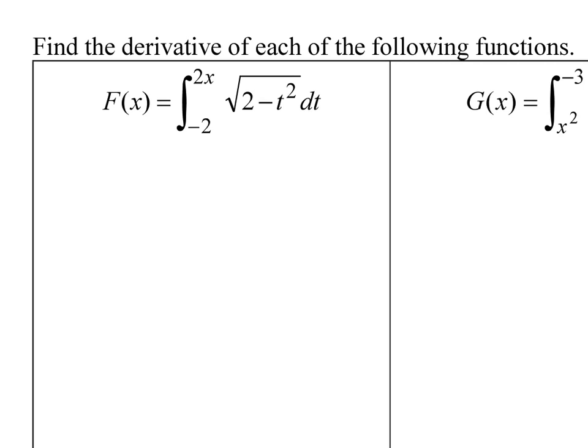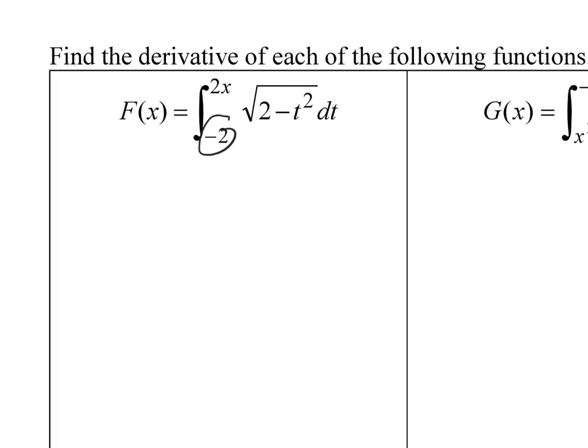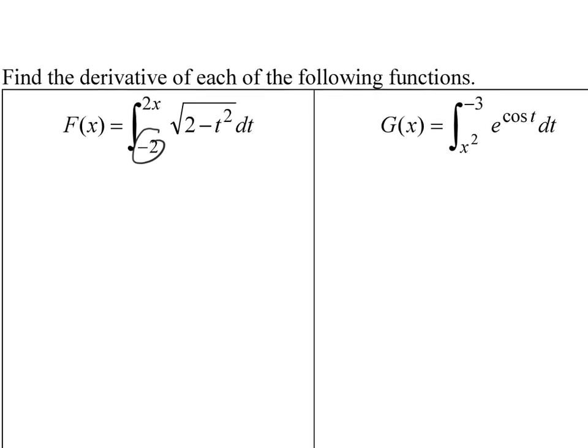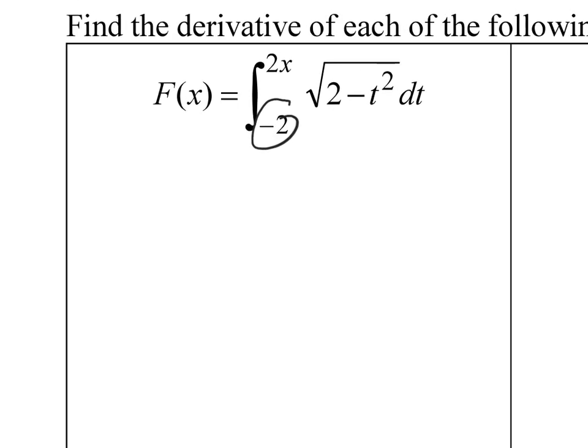Now, what if there's a negative 2 here? Don't be alarmed. Let's do it the old way and see what happens. F of x will be, oh, wait a minute. I know why he did this for you, because you haven't learned to take the antiderivative of this by itself yet.